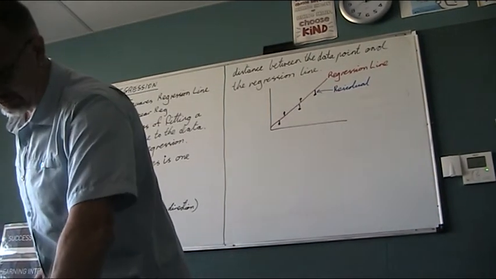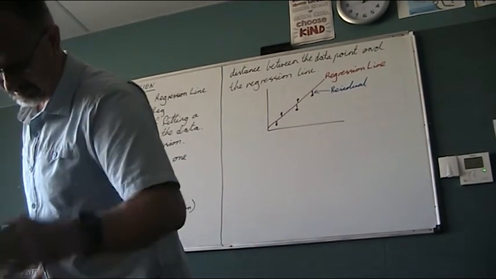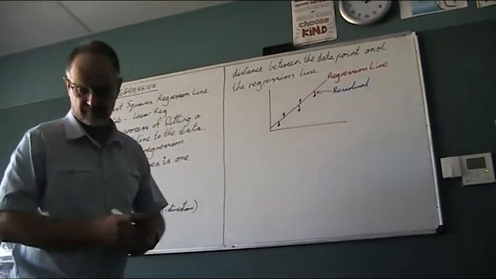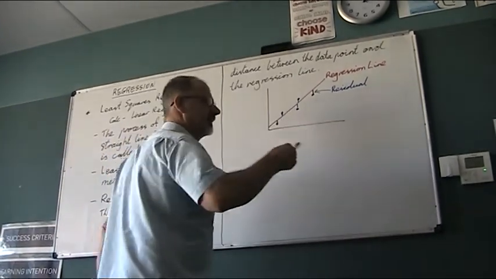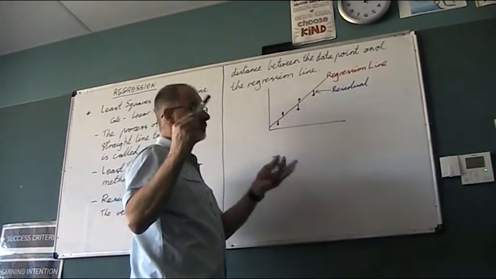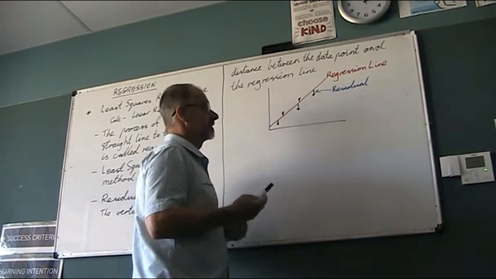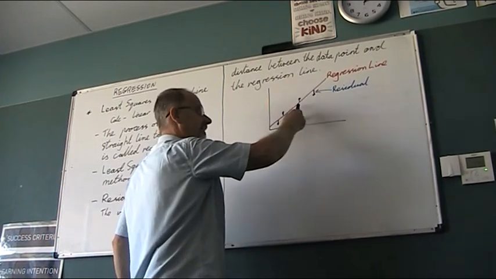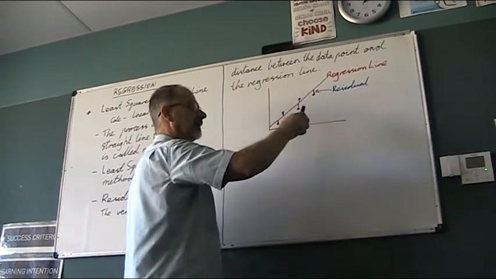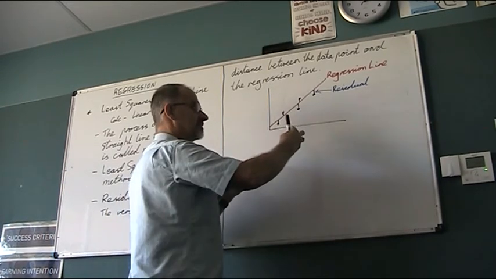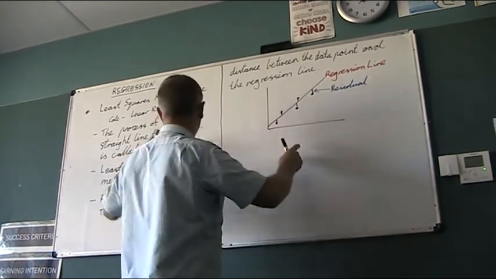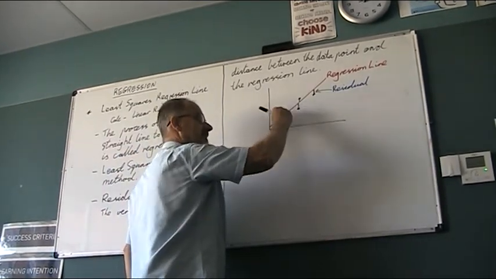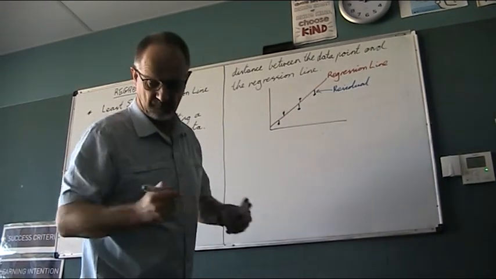And our least squares regression line, what it's doing, and there's a mathematical calculation that does this, is it takes this distance, squares that, and then does the same for all the points. It takes the distances, squares them, adds them together, and what it tries to do with the least squares, least being smallest, is make the square of each of those distances as small as possible.